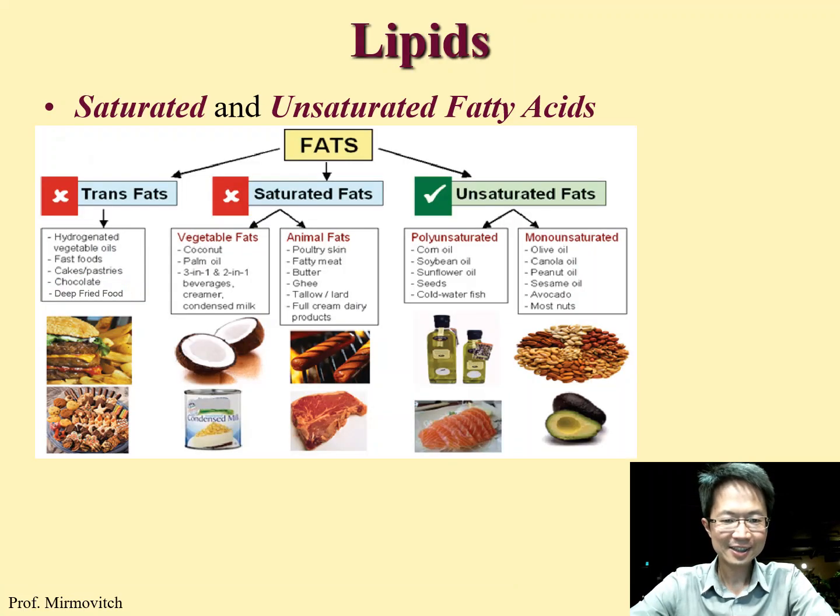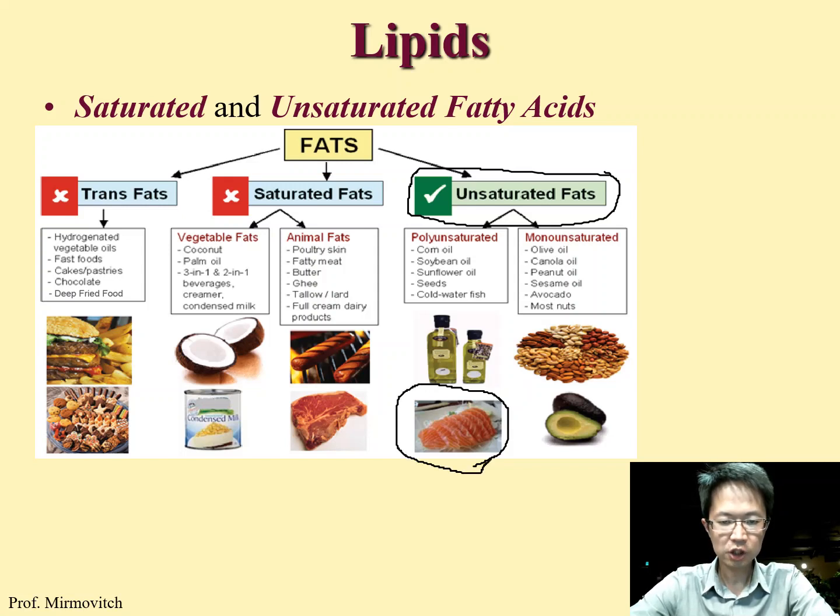And so here, basically almost all unsaturated fats are healthy ones. As long as they are unsaturated, then they are good. And you can see that most of the unsaturated fats are from plants, except this one.